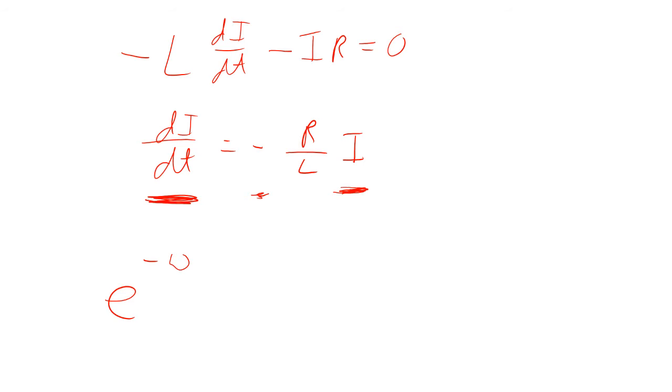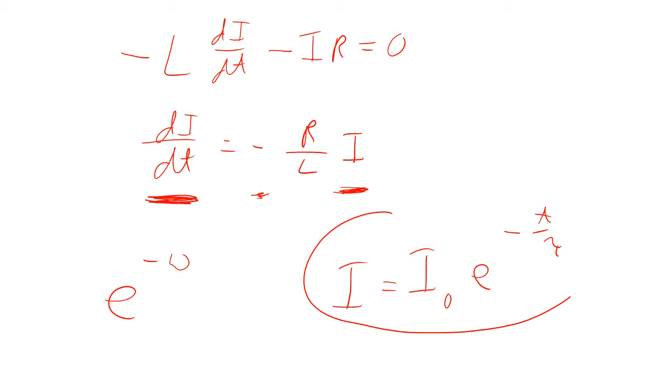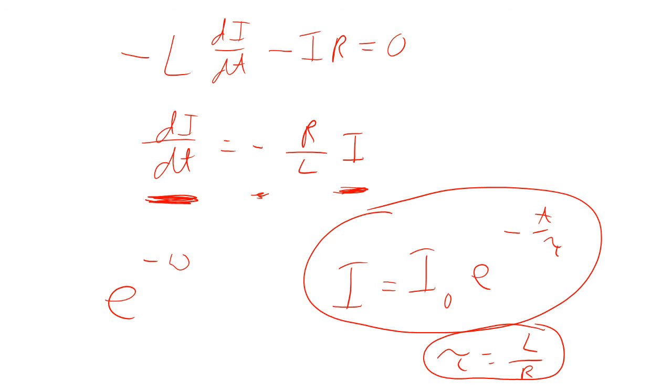So this is going to be the same sort of thing. I is going to be equal to some I naught e to the minus t over tau, the same solution, and tau in this case is going to be equal to L over R. That's the time constant.